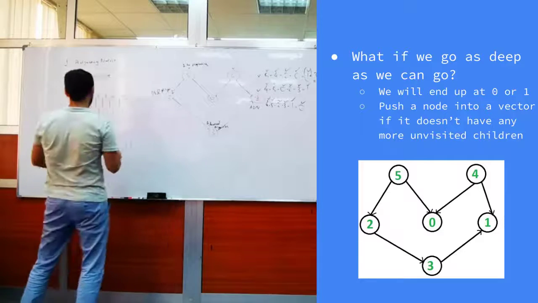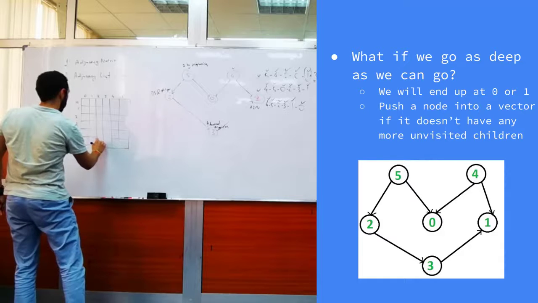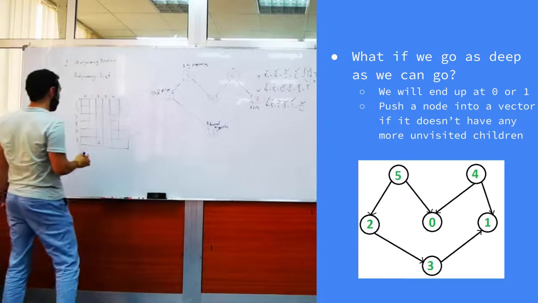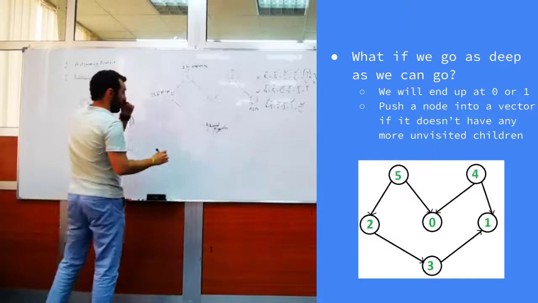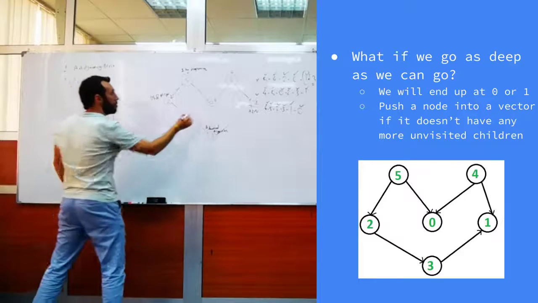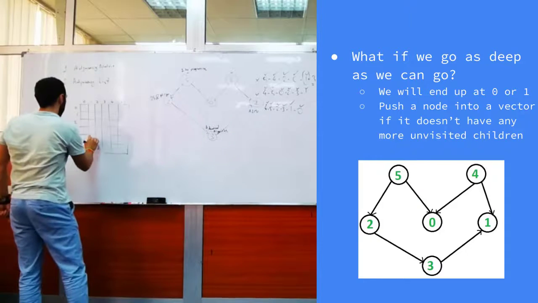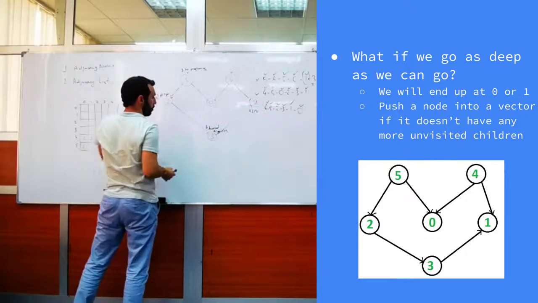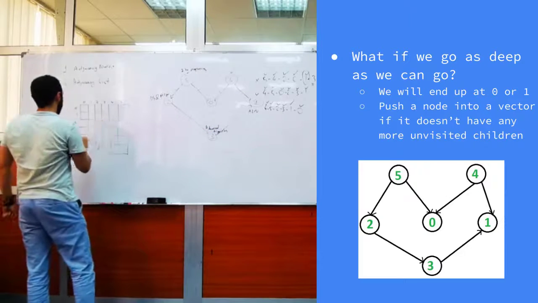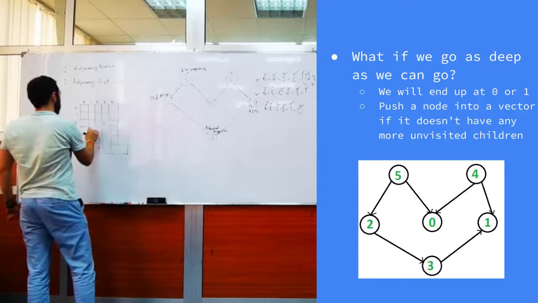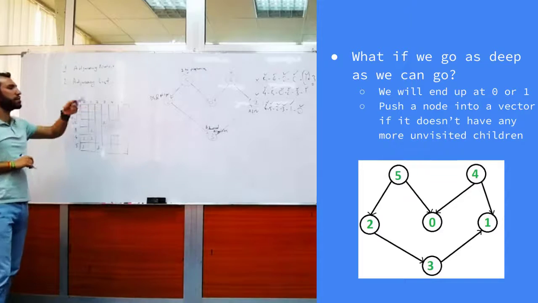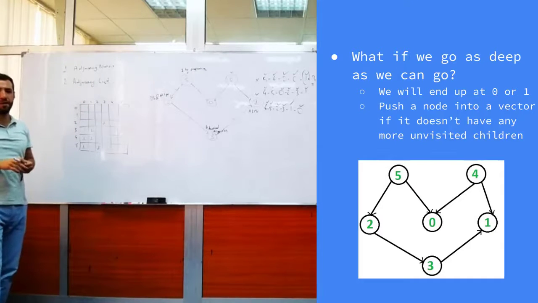We have an edge from 5 to 2, an edge from 5 to 0, an edge from 4 to 0, an edge from 4 to 1, 2 to 3, and 3 to 1. Right, this is going to be the corresponding adjacency matrix for the given directed acyclic graph.